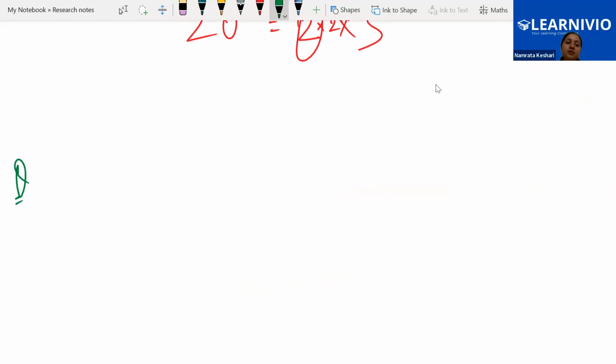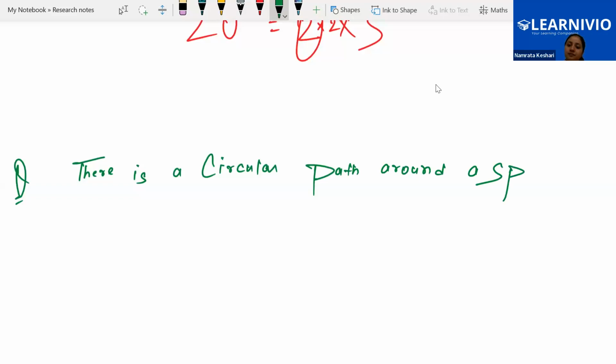Next question is, there is a circular path around a sports field.